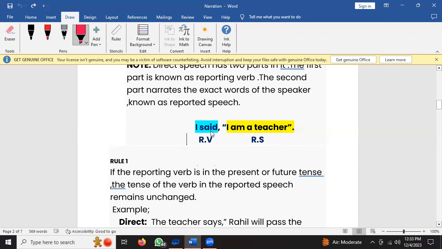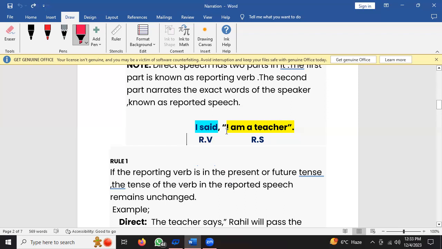If the reporting verb is in present or future, there will be no change in reported speech. Now I'm changing the sentence. I say, comma, inverted commas begin, I am a teacher, inverted commas close. Will there be any change, boys?